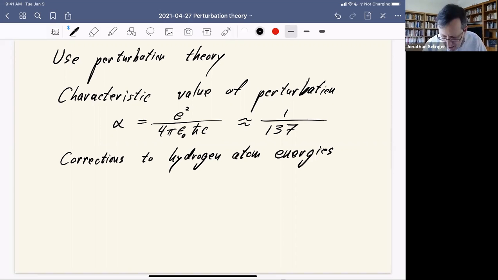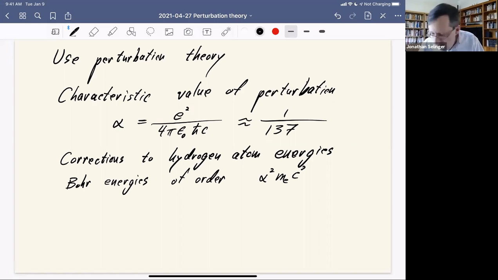The Bohr energies, that is, the things that we already studied, are of order alpha squared times the mass of the electron times c squared.